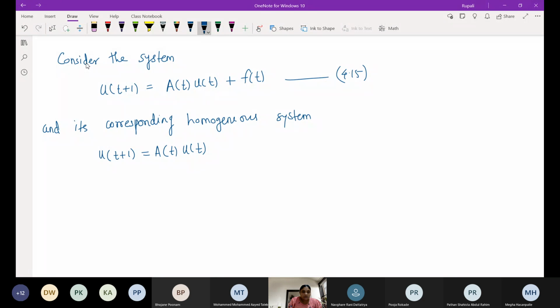Now we have to see here if my matrix has variable coefficients like A of t, which we will number 4.16, where the matrix function A of t will be assumed to be non-singular.